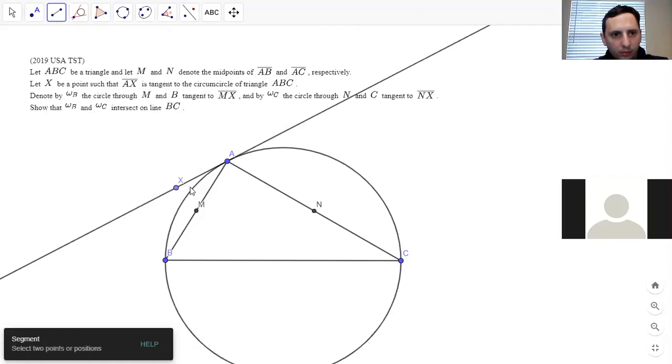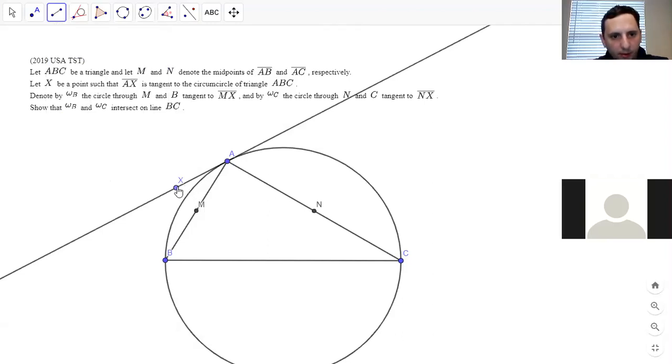So we draw the circle through M and B, tangent to MX, and then through N and C, tangent to NX.